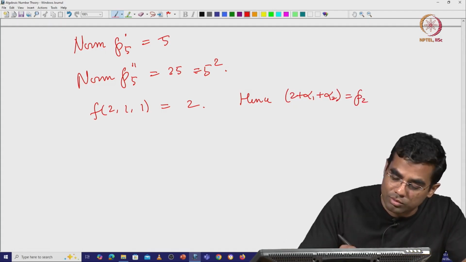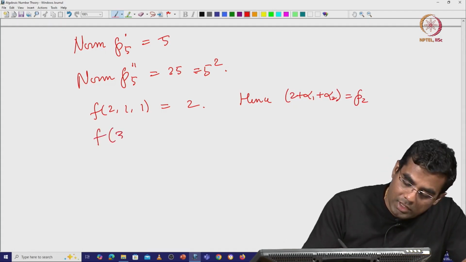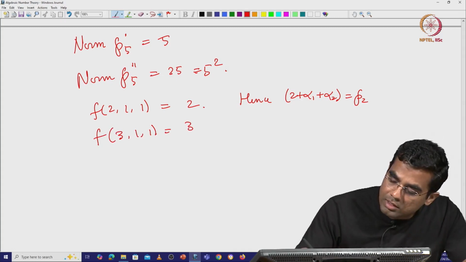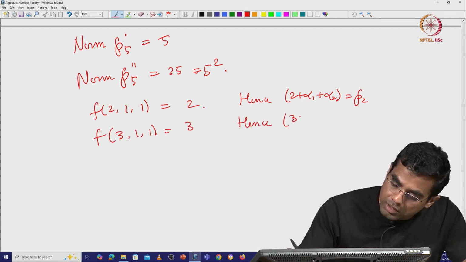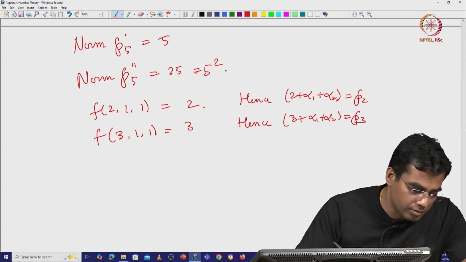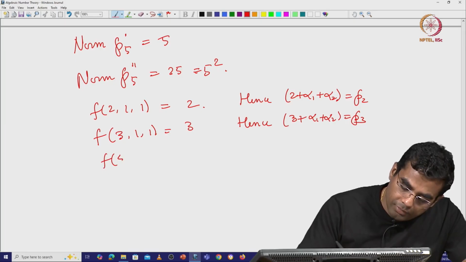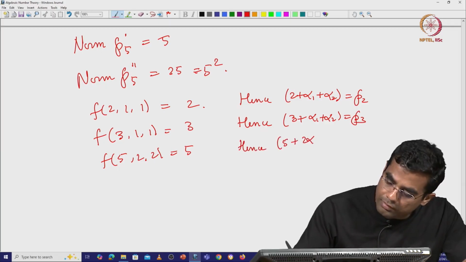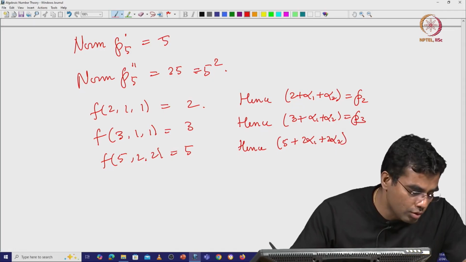So, this is P2. f of 3, 1, 1 turns out to be 3, and so we get 3 plus alpha 1 plus alpha 2 is P3. f of 5, 2, 2 turns out to be 5, and hence 5 plus 2 alpha 1 plus 2 alpha 2.